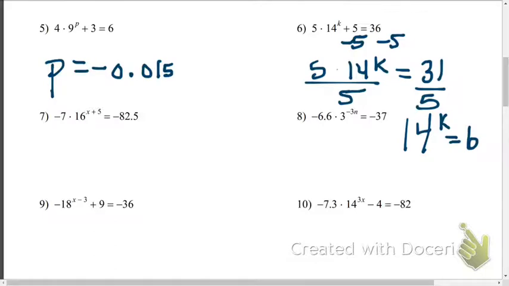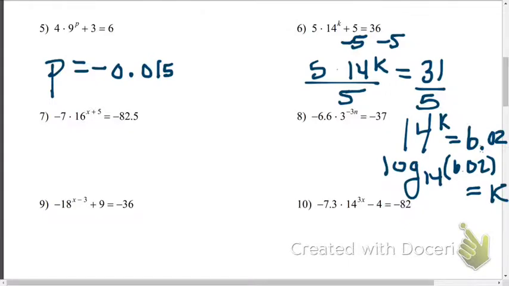It's equal to 6.02. Okay. You convert. Log base 14 of 6.02 is equal to k. Plug it into your calculator much the same way. All right, that's how you would do those exponent ones.